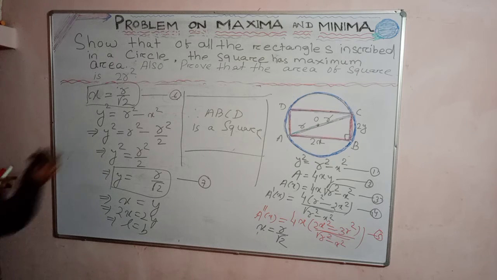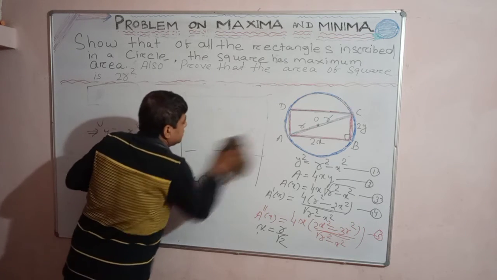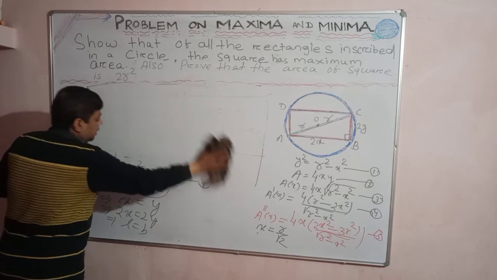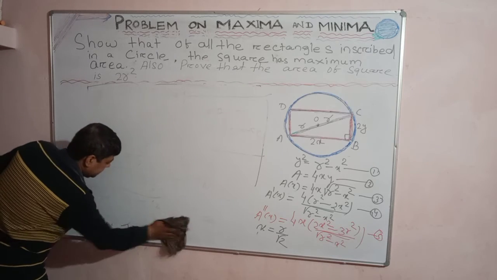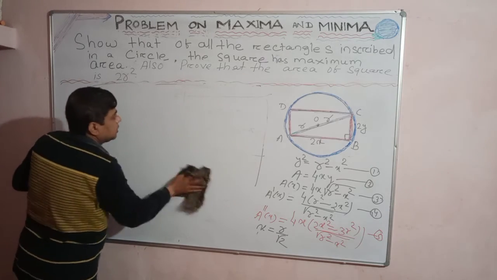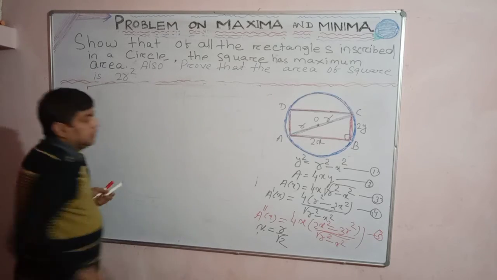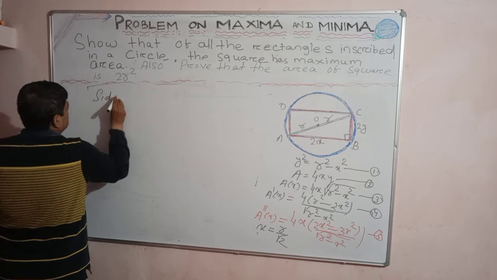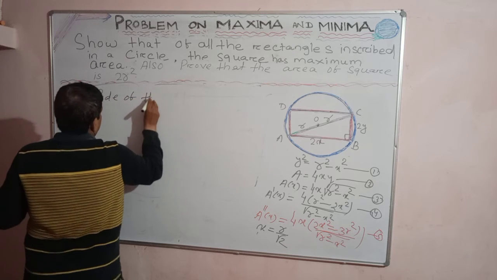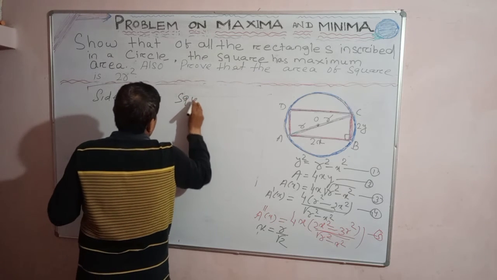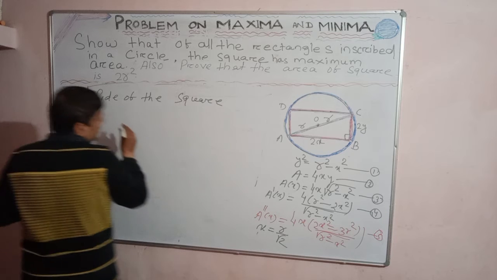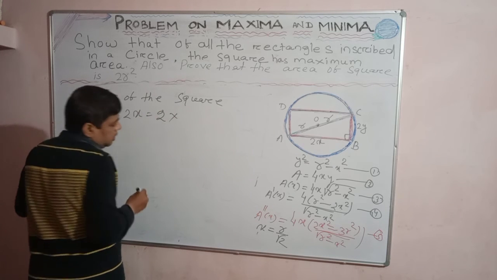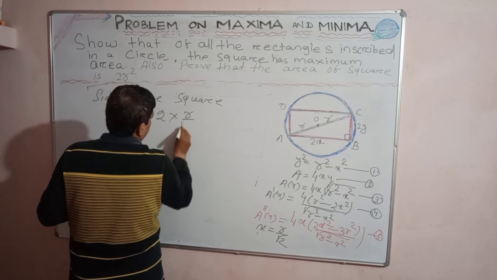Okay, let's see. So what is the side of the square then? The side of the square is 2x, 2 into the x value r upon root 2.